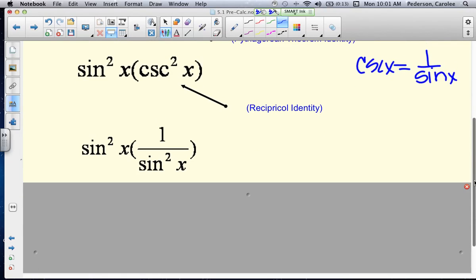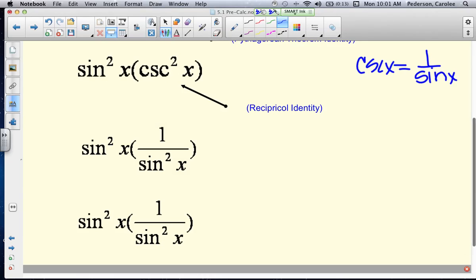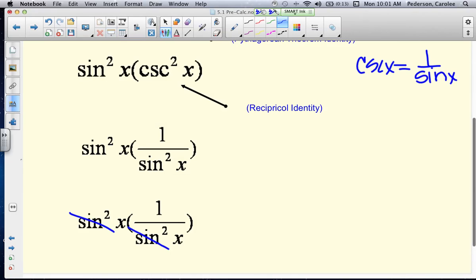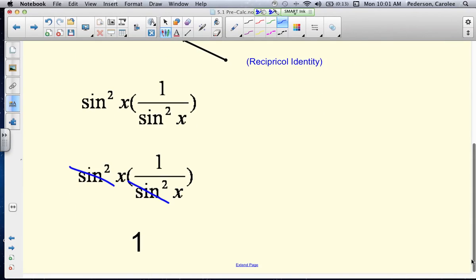What will be the next step? What cancels? Sine squares of x cancel. So our final answer then is 1. So that beginning expression reduces all the way down to 1. Okay, stop there.